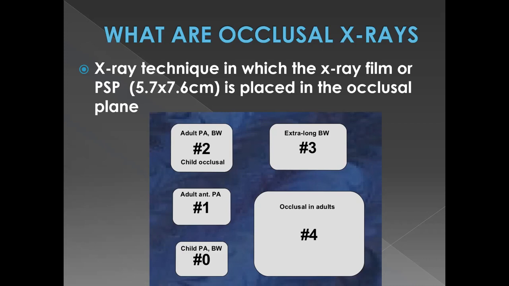If you want an extra long bitewing, you can use the number 3. Or if you want to do an occlusal in adults, then you use the number 4. So you have different X-ray sizes. I know in Pakistan, we just use one X-ray for everything, but overseas, you have different sizes of films for different populations according to their age.